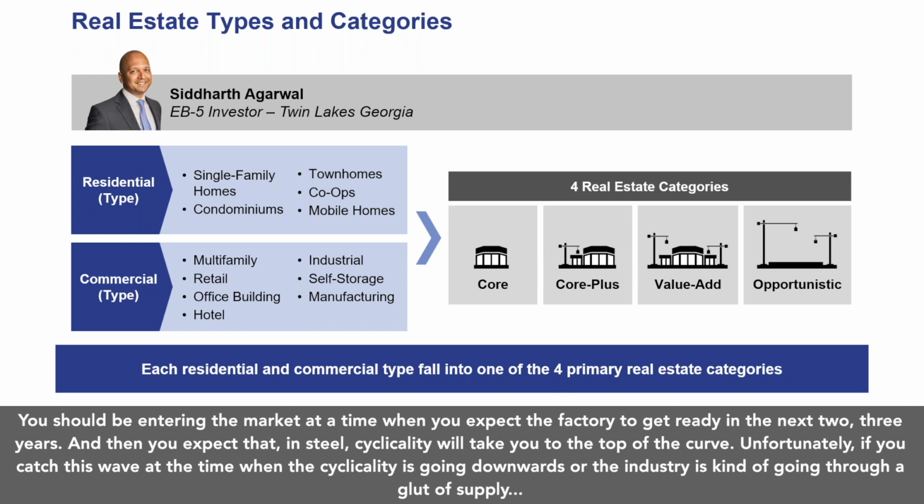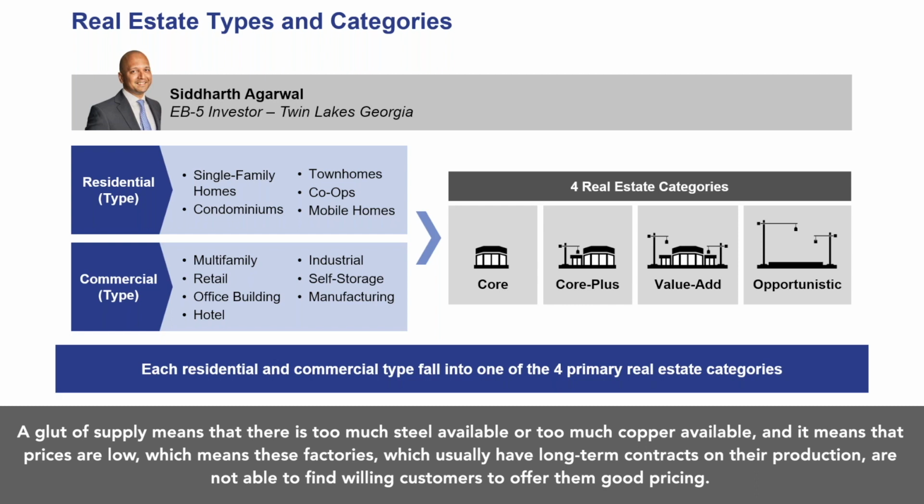kind of going through a glut of supply, a glut of supply means that there is too much steel available or too much copper available, and it means that prices are low, which means these factories, which usually have long-term contracts on their production, are not able to find willing customers to offer them good pricing.